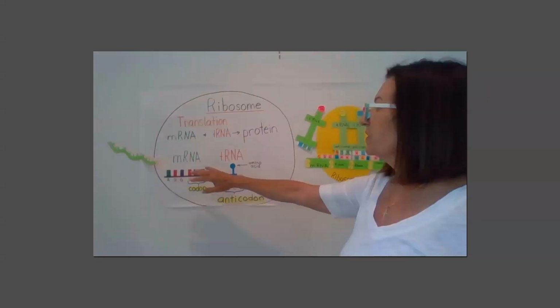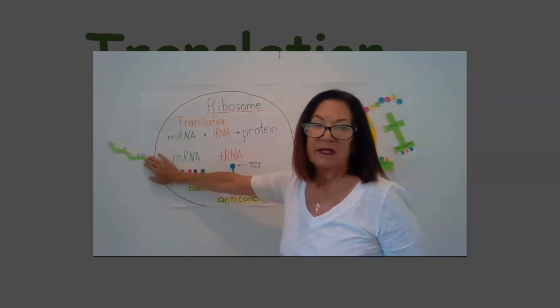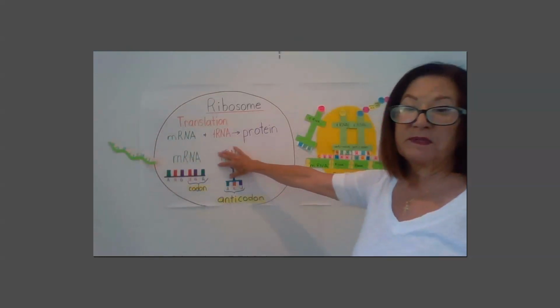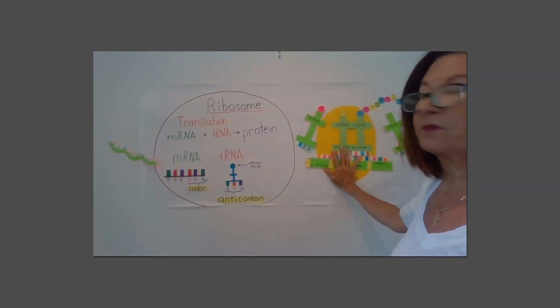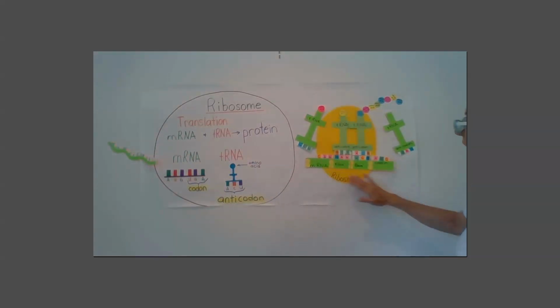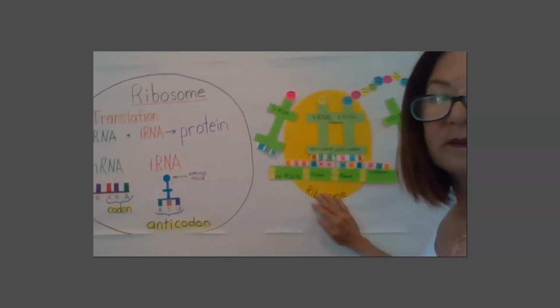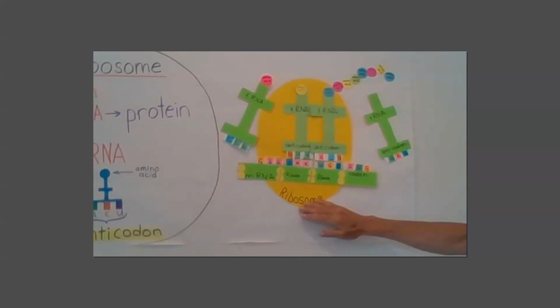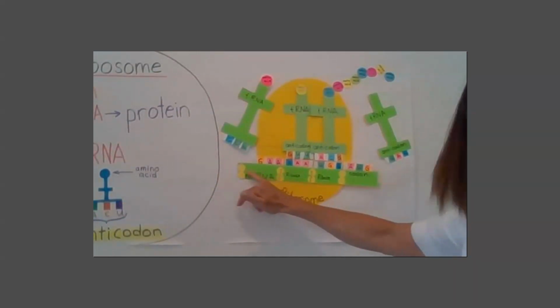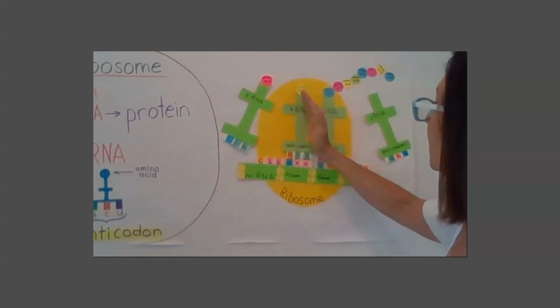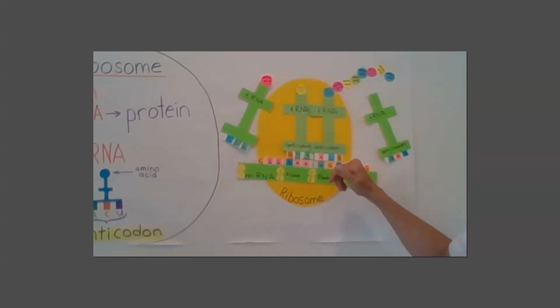So my RNA from the nucleus is then going to come into the ribosome. I made another one over here. My yellow circle in the back is my ribosome. My mRNA here has come in and it's meeting up with my tRNA.